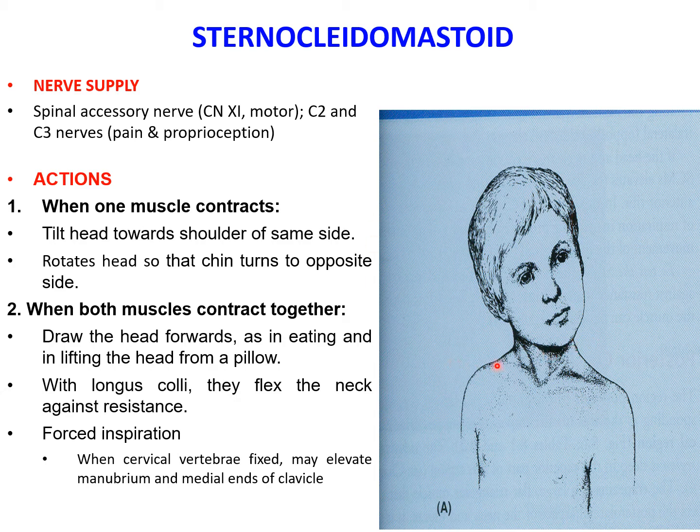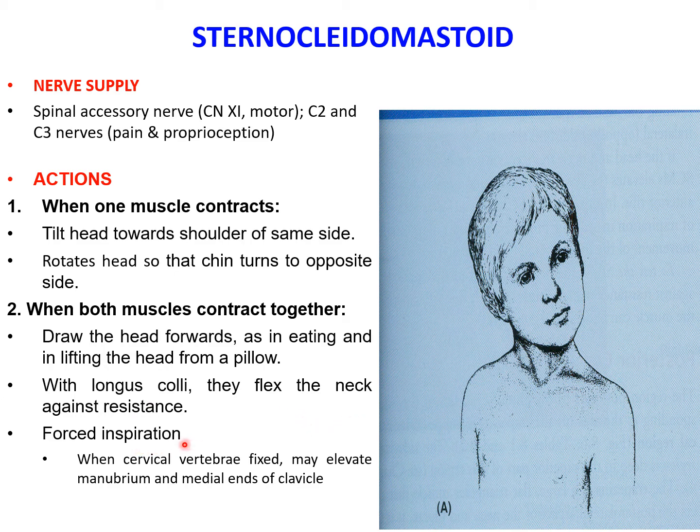So, as seen in this particular image. Now, when the sternocleidomastoid muscle of both the sides of the neck contract together, it helps in drawing the head forward as in eating and in lifting the head from a pillow. Second, along with the longus colli muscle, it will help in flexing the neck against the resistance.